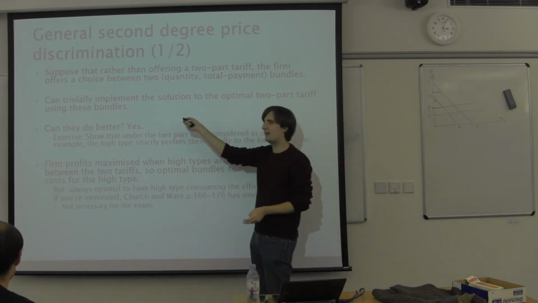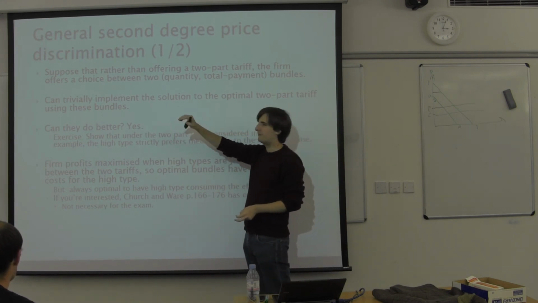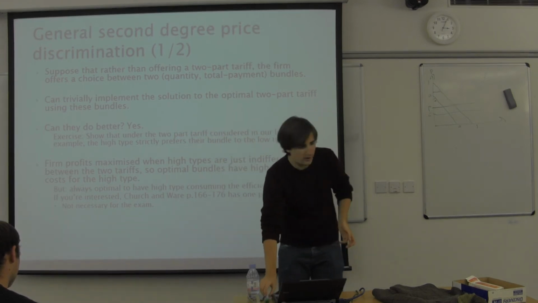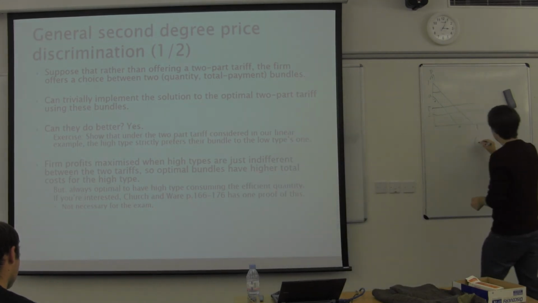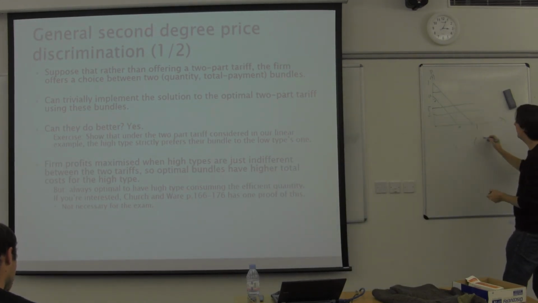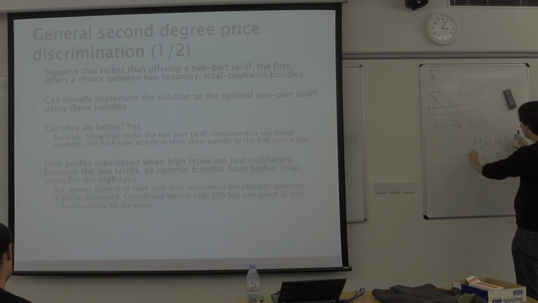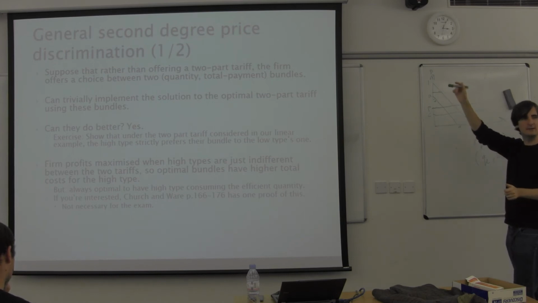And the first thing we can realise is that if in the two-part tariff example, the high-value consumers ended up demanding QH and paying a total payment of, say, TH, and the low-value consumers ended up demanding QL units and paying a total payment of TL, then you can take the solution of a two-part tariff and implement it using these bundles.